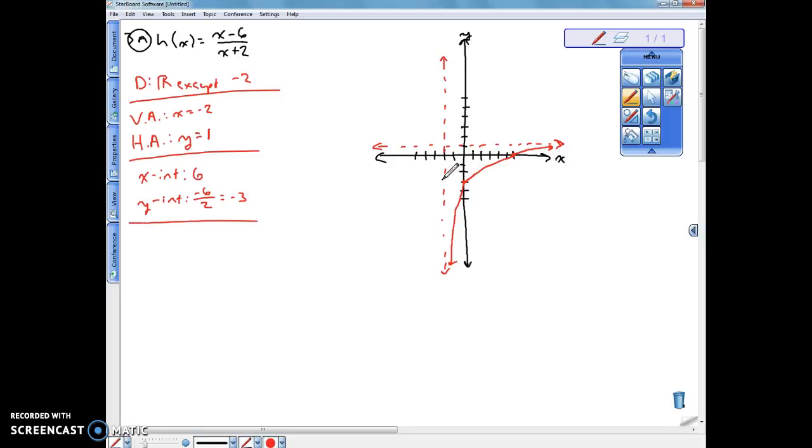Let's plug in 1 point to the left of -2 just to see exactly what's going on. And if you can't quite picture that, you can always plug in more points. But if I plug in -2, can't. Remember, we had to plug in something less than -2. Let's go -3, and that's going to give my denominator to be -1, which is going to help. So I get -3. If I plug that in, I get -9 over -1, which is just 9.